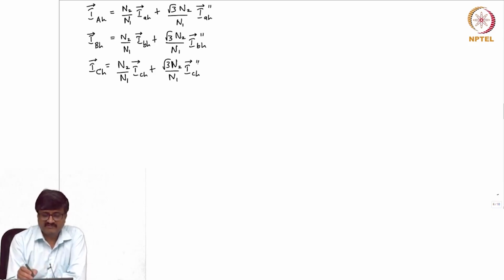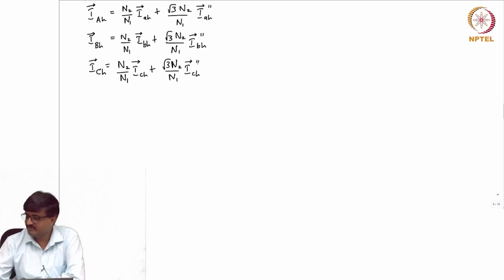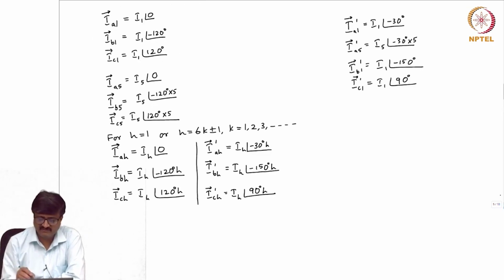Now, this is okay, but I have expressions for IAH prime, IBH prime, ICH prime. I do not have expressions for IAH double prime, IBH double prime, ICH double prime. If you go back to the previous page, the last 6 equations give expressions for IAH, IBH, ICH, and also for IAH prime, IBH prime, ICH prime. But for double primed currents, I do not have the expression.